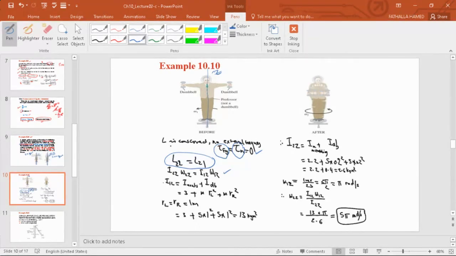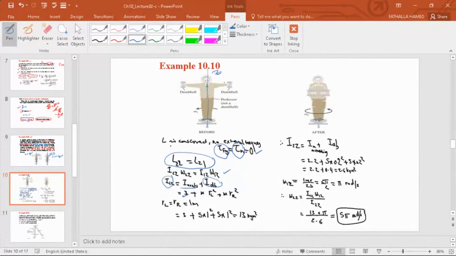Now, I'm going to look at the moment of inertia 1 around the z-axis. It will equal the moment of inertia of the professor when the arms are outstretched, plus the contribution that comes from the dumbbells. The moment of inertia when the arms are outstretched is 3.